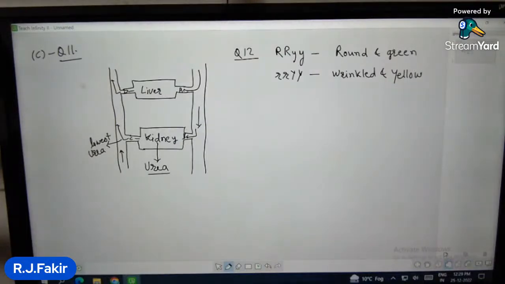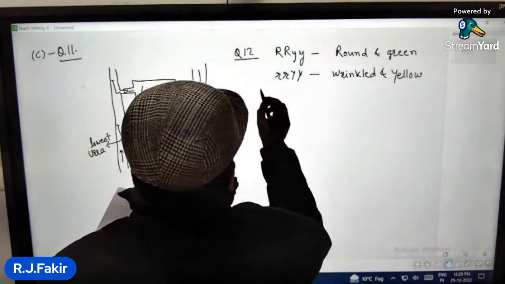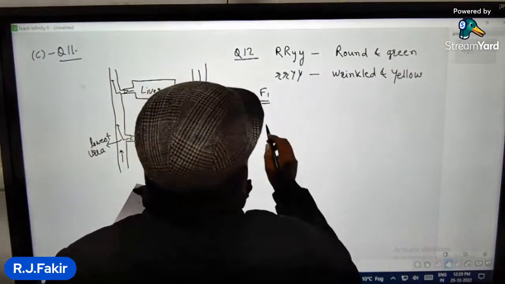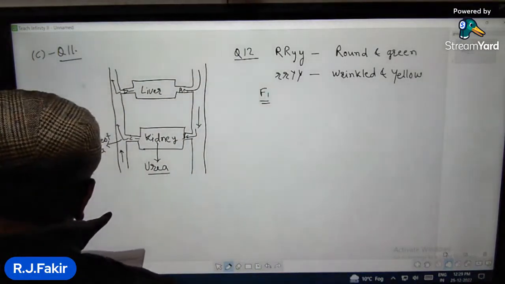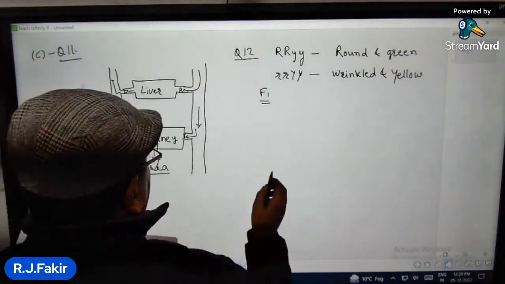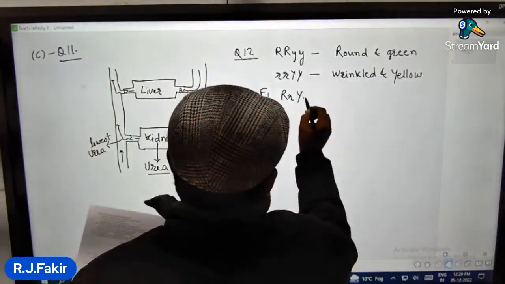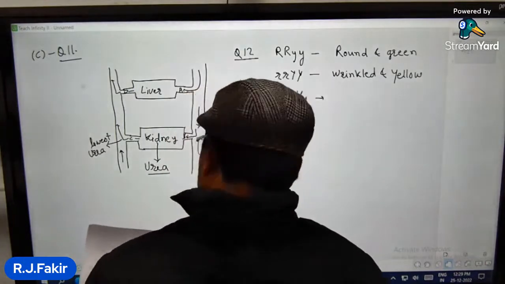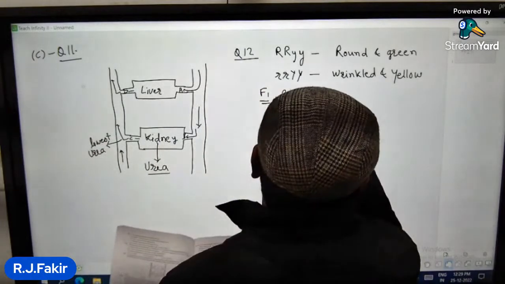And these produce F1 progeny that have round yellow. Then we go to the next progeny, F1. What does it have now? Round yellow. That means capital R, capital Y, small y. So this is representing round yellow.